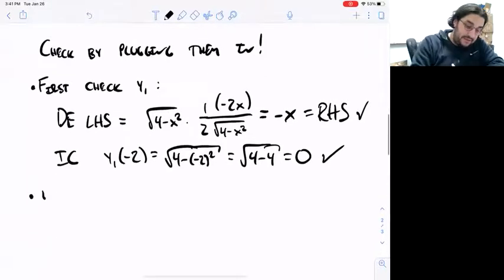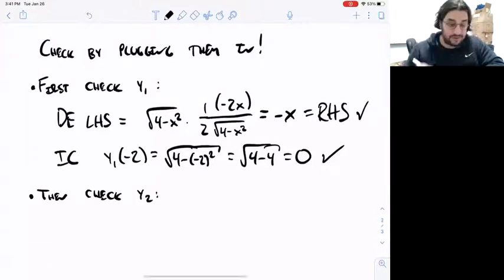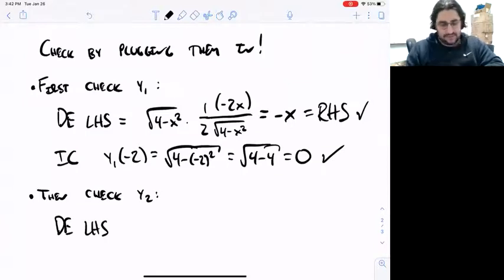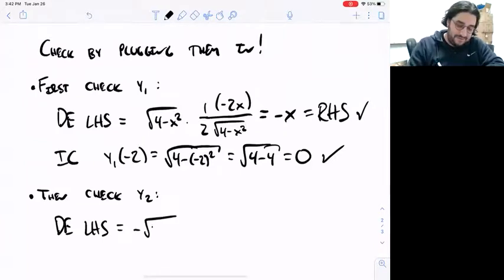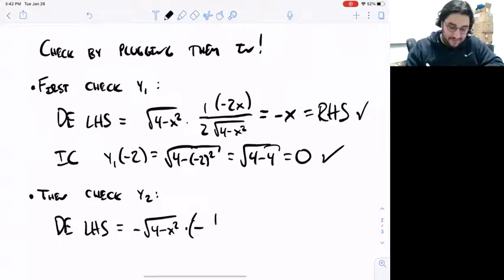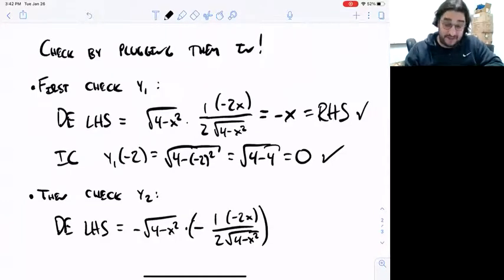But now we can check y2 also. What happens here is very similar. It's exactly the same function, but with a negative sign. So we plug in for y, then we do the derivative. That's just an extra negative sign sitting out in front of what's otherwise the same derivative, because we can factor that negative out of the derivative anyway.